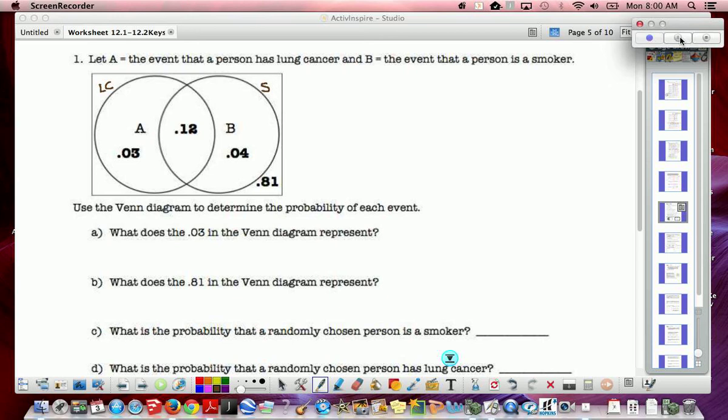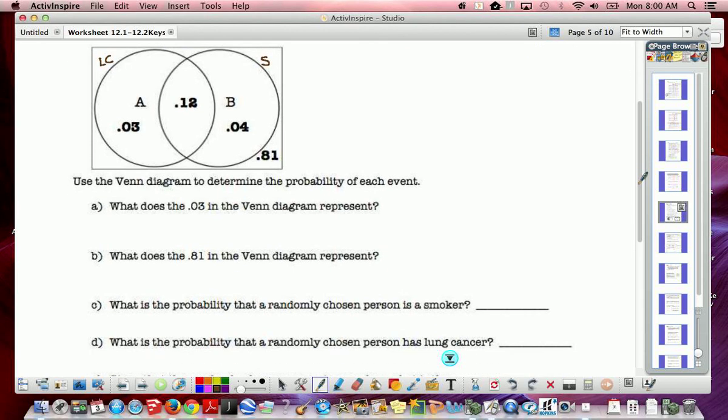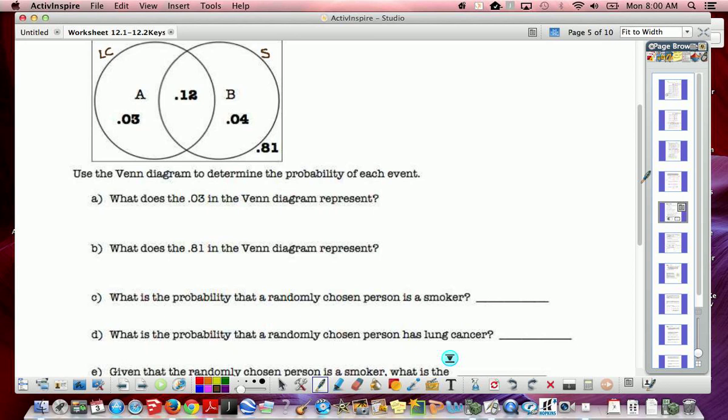Alright, so anyhow, getting back to here, we want to use this Venn diagram to answer the following questions. In question A it says, what does the point 03 in the Venn diagram represent? Here's our point 03. Notice that it is in the A circle, however our B circle does not overlap that point 03.